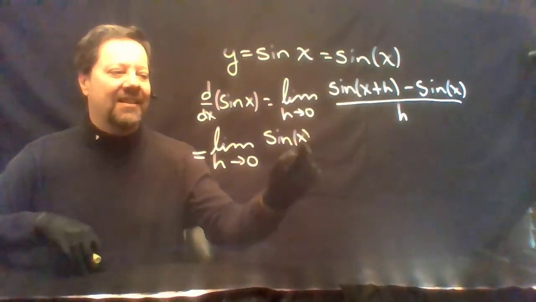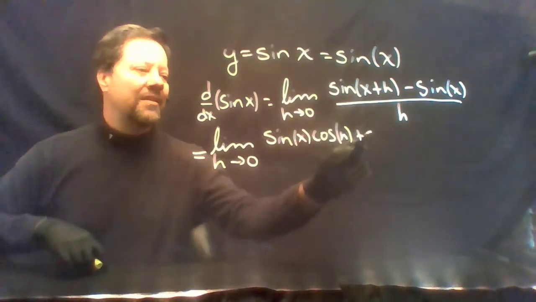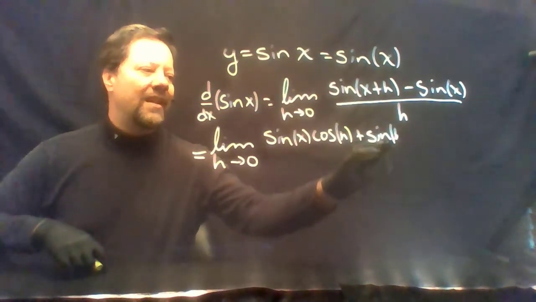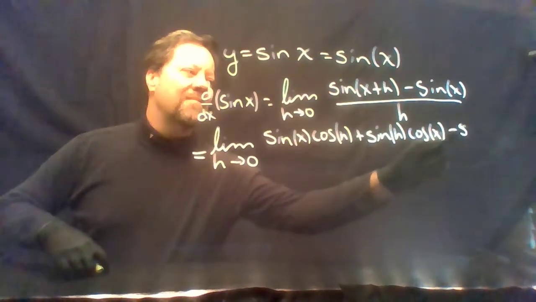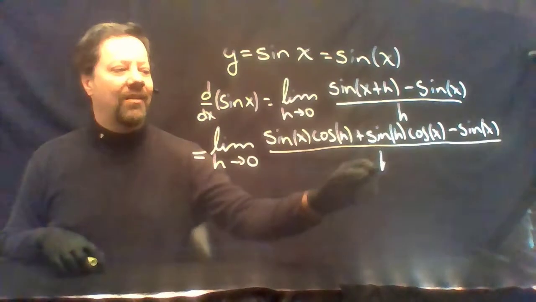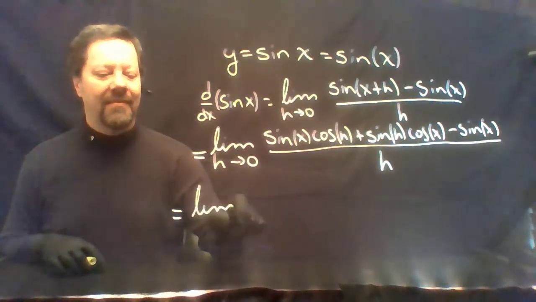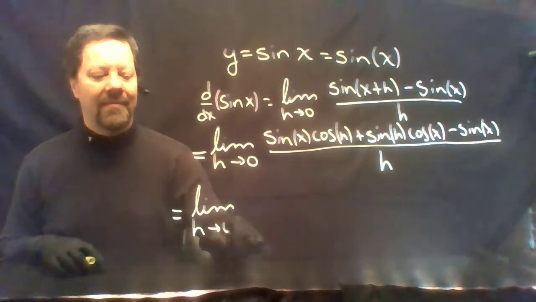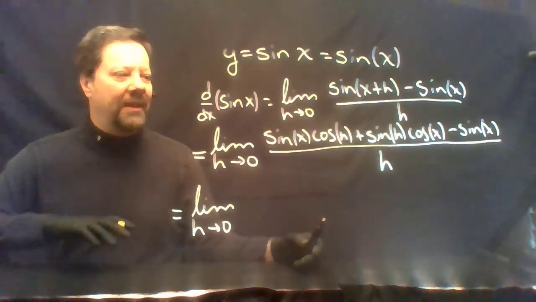It's the sine of x times the cosine of h plus the sine of h times the cosine of x minus the sine of x, all over h. We need to recombine things a little bit.